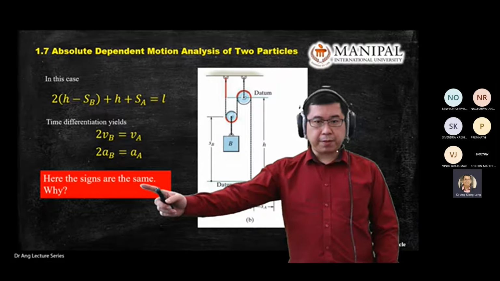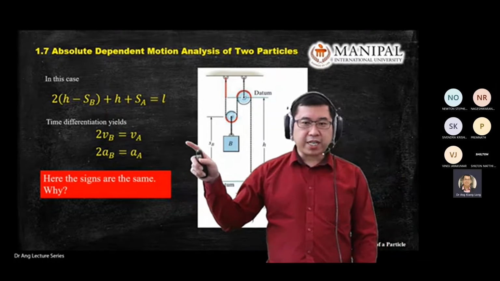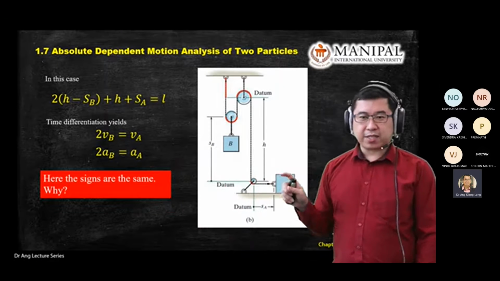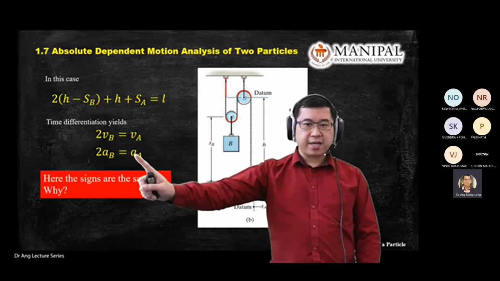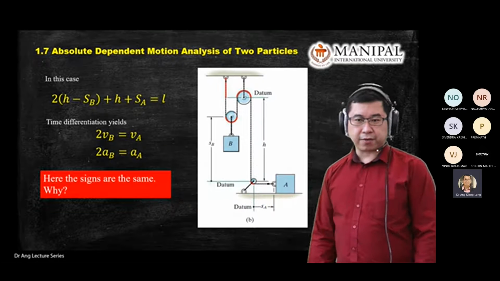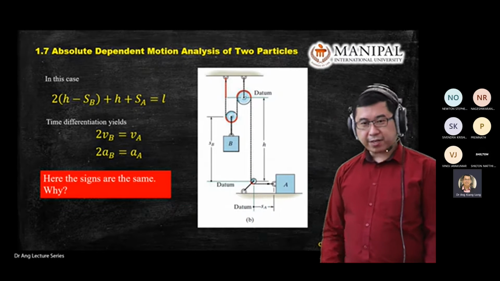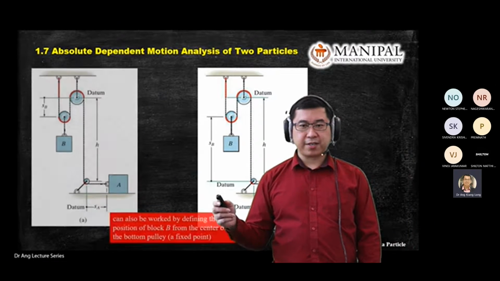With B, ask yourself, are you able to explain why in this scenario, once you change the datum, this side is positive and not negative? Previously, you had a negative sign there.